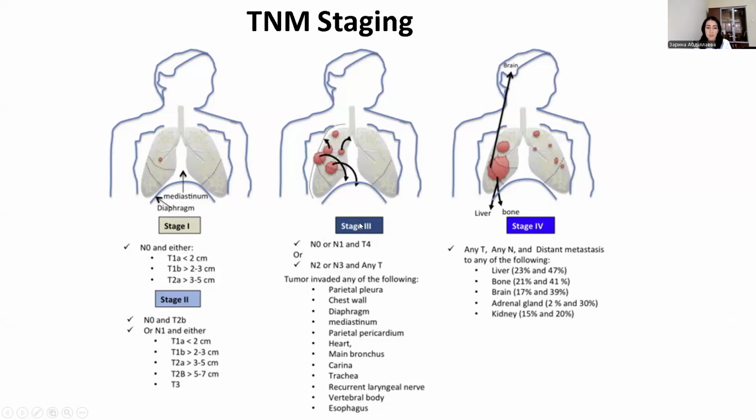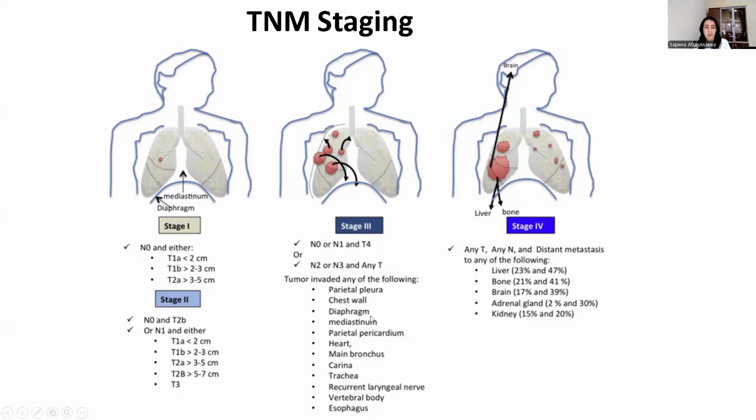So stage 3 means no metastasis or maybe metastasis to the regional lymph nodes, and increasing size of the tumor up to T4. Or it may be N2 or N3.